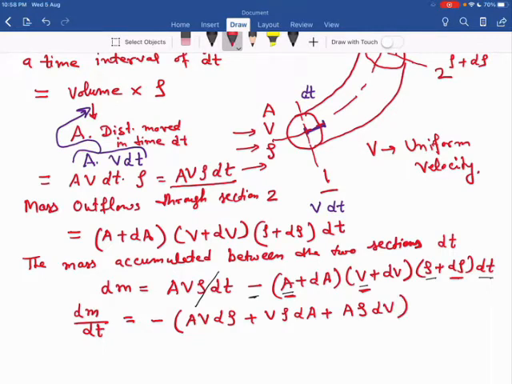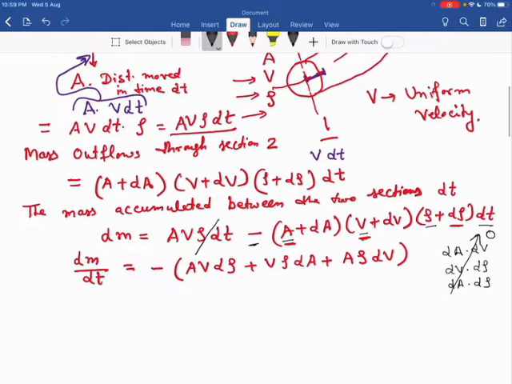The remaining terms having the product of dA into dV, or dV into d rho, or dA into d rho are very small quantities, and we can neglect them. So now we have this relation.